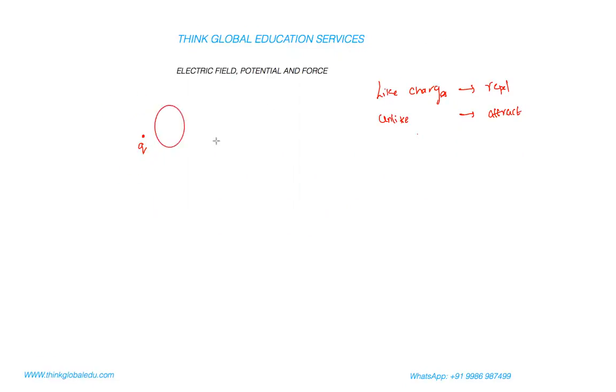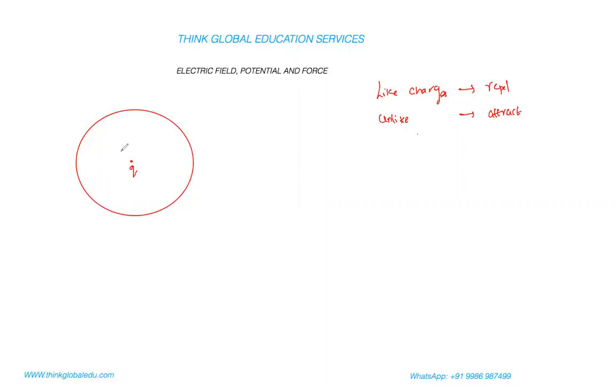It could be a positive charge or a negative charge. So let us consider a region around the charge. Region means space. So this is the space around the charge, and you can put the charge in the middle of the circle. Here, the circle is the space around the charge, and the charge is at the center. Now I'm going to do an experiment.